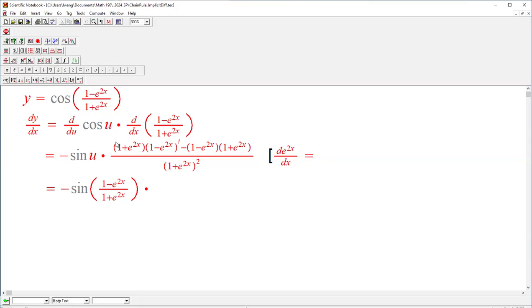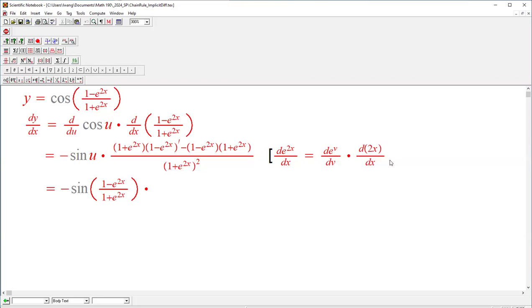This actually equals the derivative with respect to v of e to the power of v. V is 2 times x, so this derivative of 2 times x is dv dx.